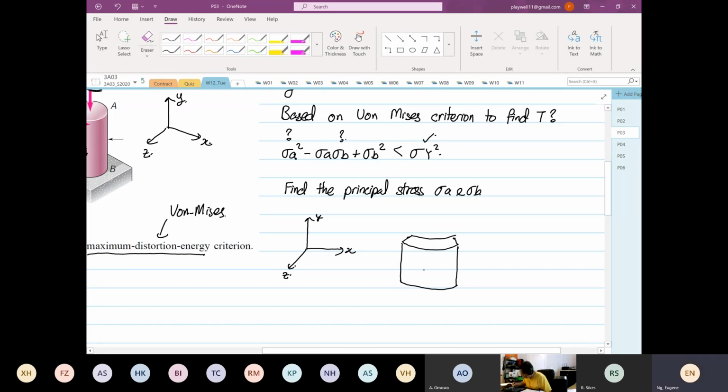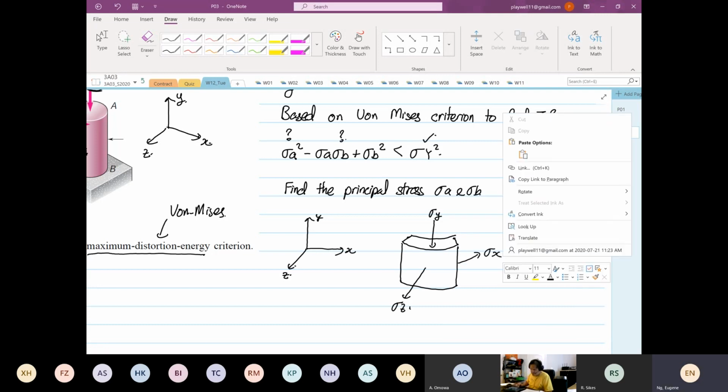So this is our stress X. So it's stress Z, stress Y. We know that the force is coming down. And then we have our stress Z or X. So this is our stress in our X direction.